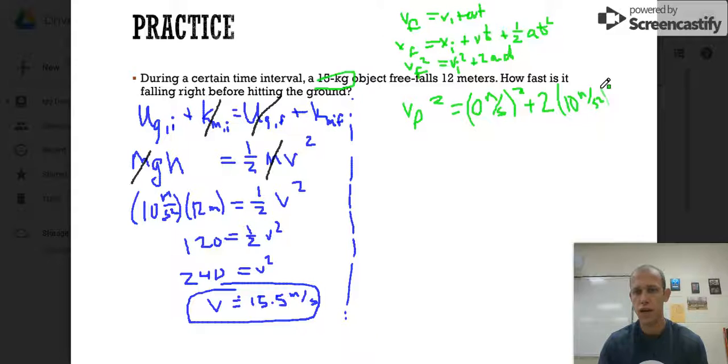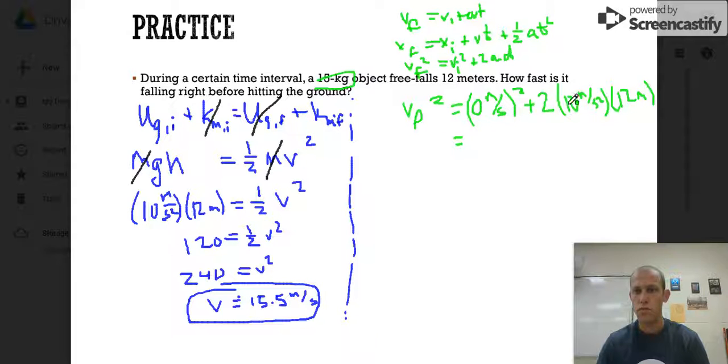Really, I should be putting a negative sign there, and this should be negative all the way through, but let's not worry about that right now. And then times displacement, which is 12 meters. I was looking at the wrong equation for a second.